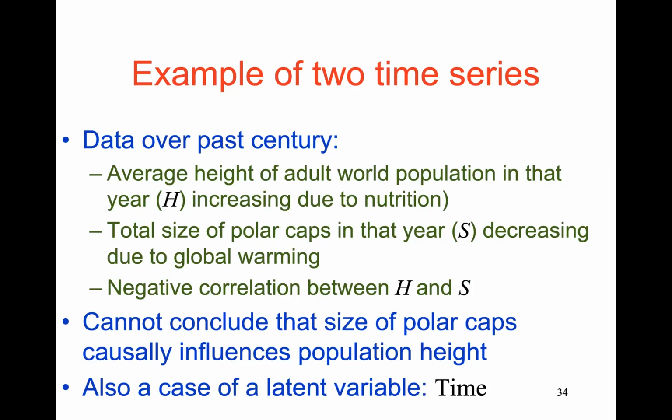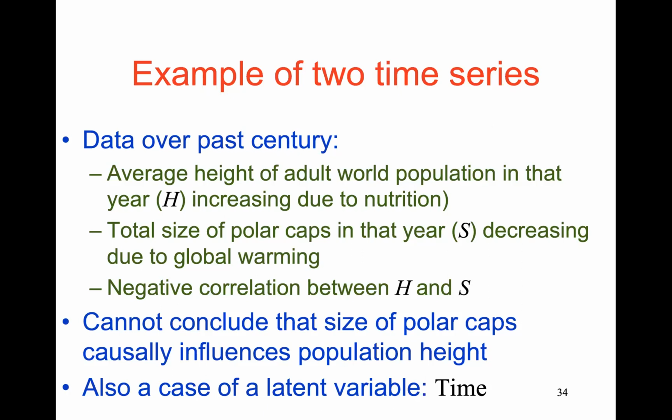And the total size S of the polar caps in that year is decreasing due to global warming. So you have this data, H and S, for each year. The adult world population's height is increasing, because with better nutrition people are becoming taller. And the size of the polar caps, S, has been decreasing.